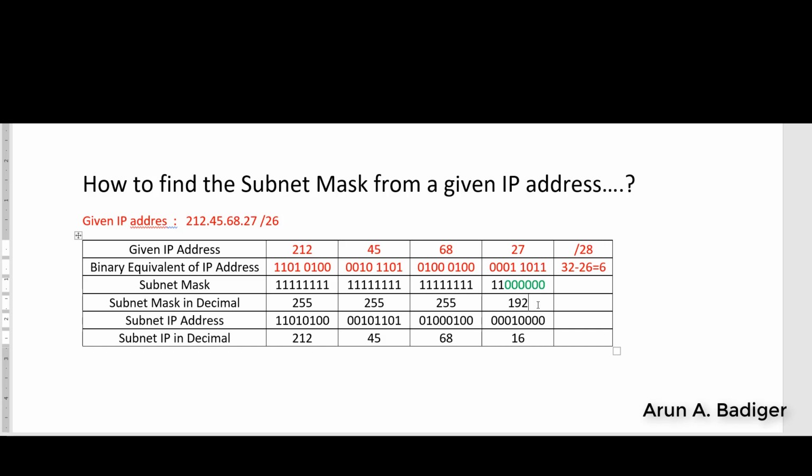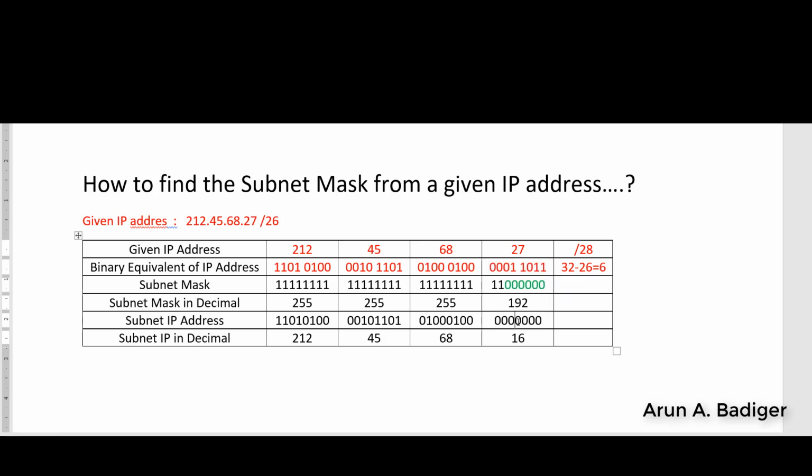So the subnet mask is this one. Previously it depended upon the number of bits in ones and zeros, and now it is changed to 192. When I multiply this mask with this number, I will be getting, I think, all of them will be zeros now.